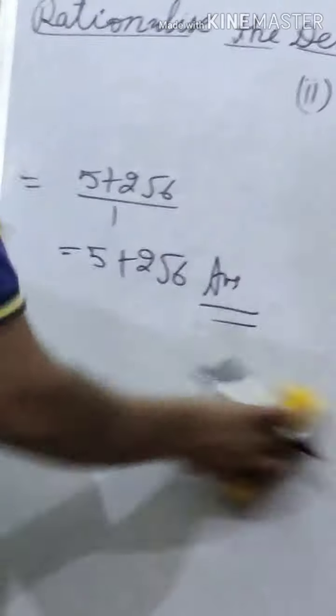Second part. What is the second part? When in the denominator three terms are there. So my dear students, all you will do, now simple, first you take the first two terms as one part. So root 2 plus root 3 plus root 5.